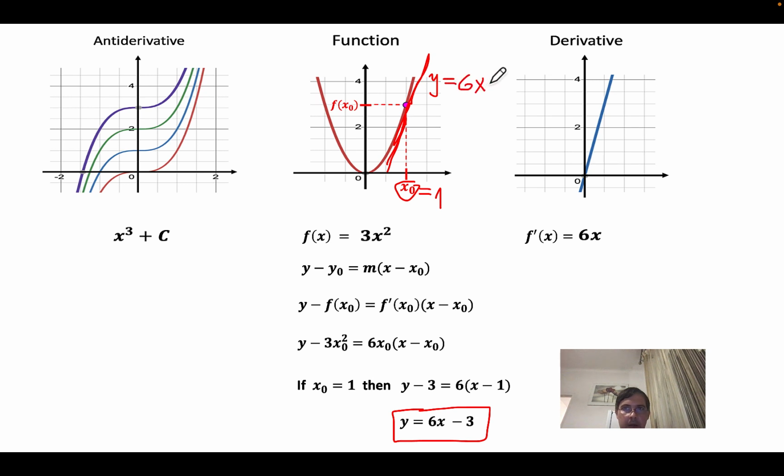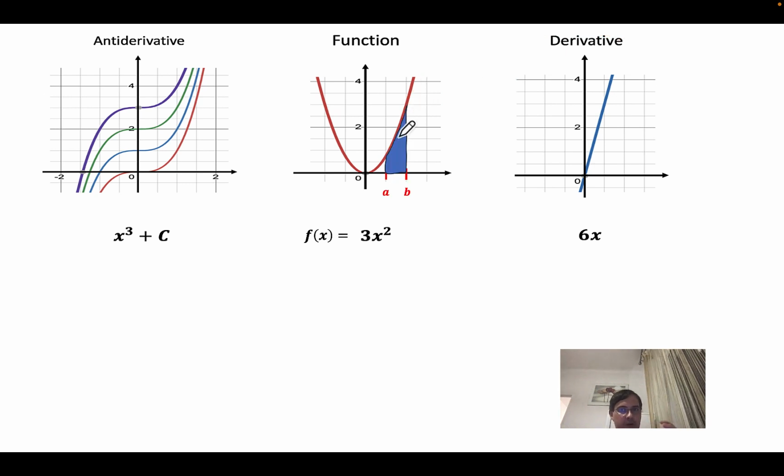So again, to find an equation of the tangent line to the graph of a function at a specific point, I have to use the concept of derivative. Derivative tells me what is the slope of this tangent line.